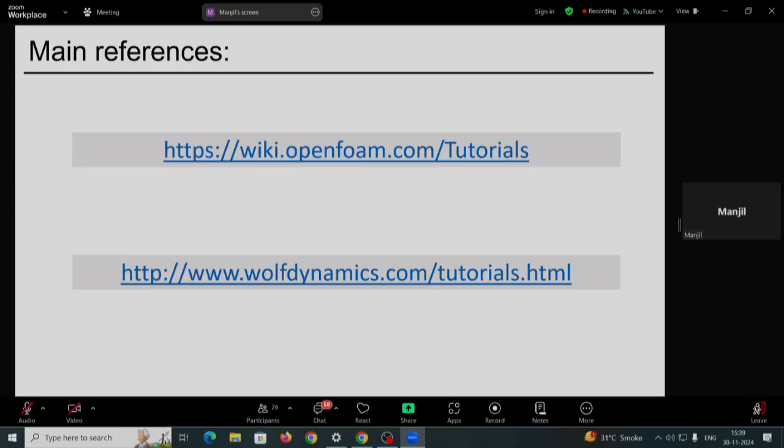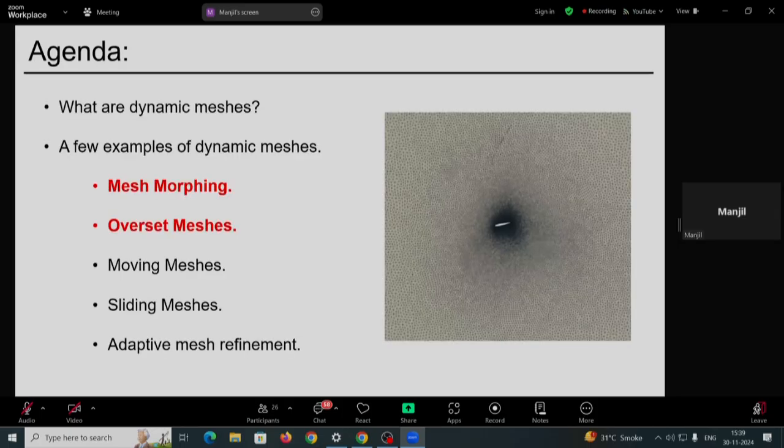The main references that we have taken for this tutorial are the OpenFOAM Wiki tutorials and the Dynamics website, so you can check out these websites. There are many more tutorials available for dynamic mesh simulations. The main agenda of this presentation is to familiarize you with the use of dynamic meshes, the capabilities that are available in OpenFOAM, and how to use them.